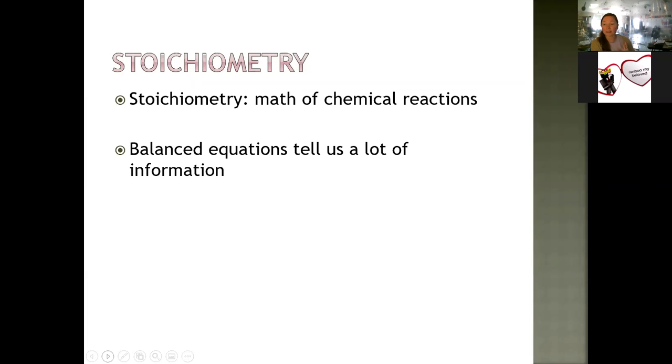So just a quick little bit of definition. We've been talking this whole unit about stoichiometry. Well, we haven't been talking about stoichiometry. We have been, but I haven't exactly defined it. So stoichiometry, which is the name of our unit, is just the math of chemical reactions. It's all about us scaling chemical reactions, the way we would scale recipes.